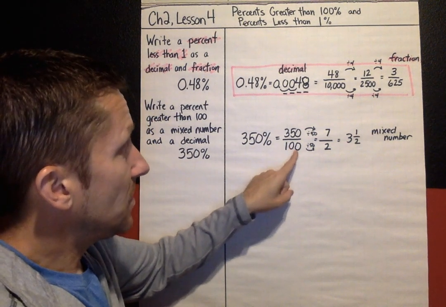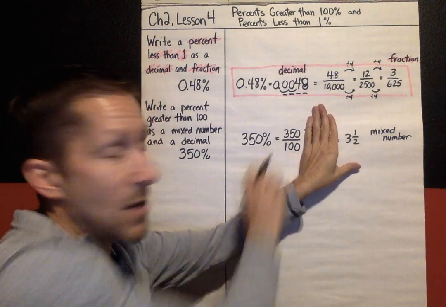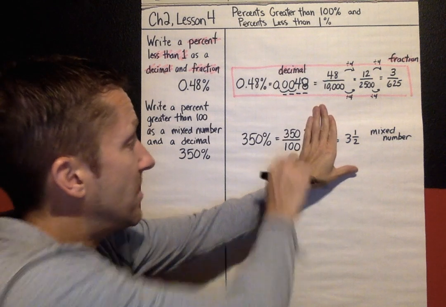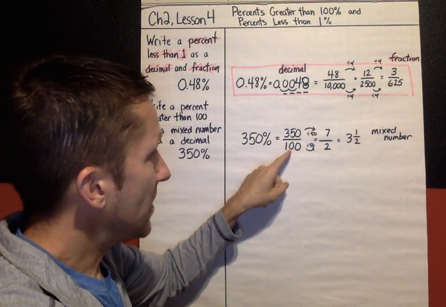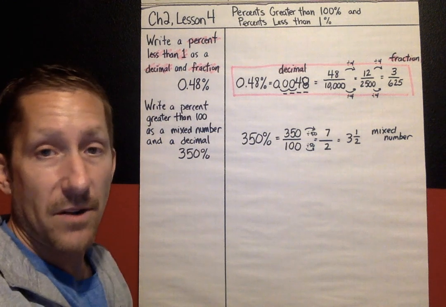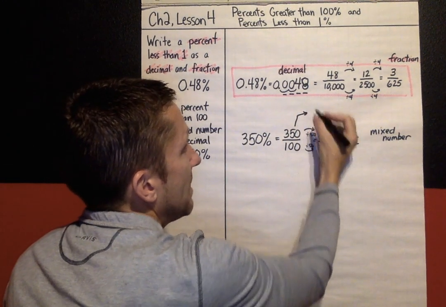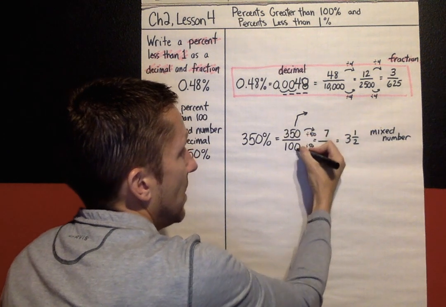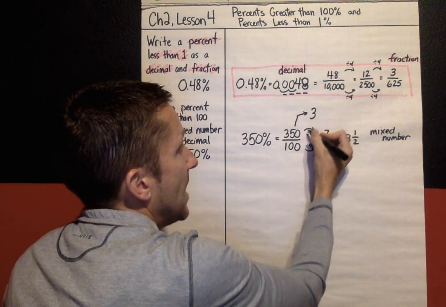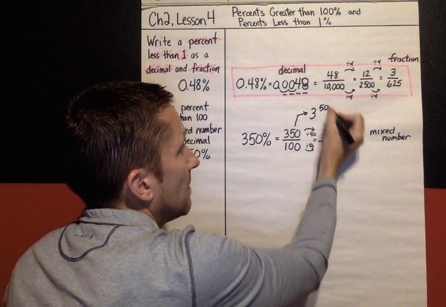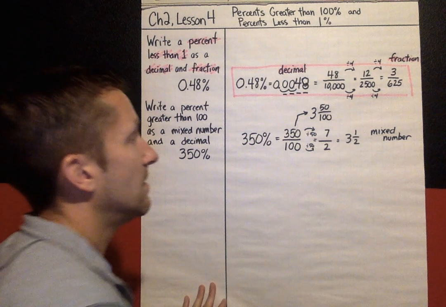I could have also done this a different way by looking at this improper fraction right here, 350 over 100, and thinking of how many times does 100 go into 350? Okay, if I was thinking like that, I would have said that 100 goes into 350 3 times, and I've got 50 left over, and my denominator would be 100.